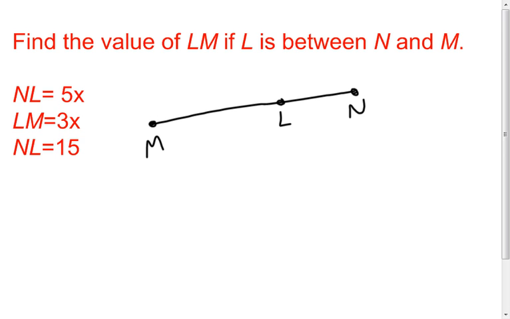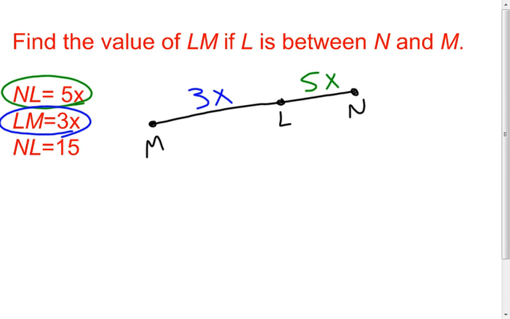The next thing I'm going to do is come back to the information that it gives me. It tells me the length of segment NL, so on my picture I'm just going to write 5x there. I know the length of segment LM is 3x, and I'm going to put it there. Most of you are going to look at this and say, well, 3x is probably going to be smaller than 5x. In most cases you're probably right, but remember, we can't trust what our eyes tell us.